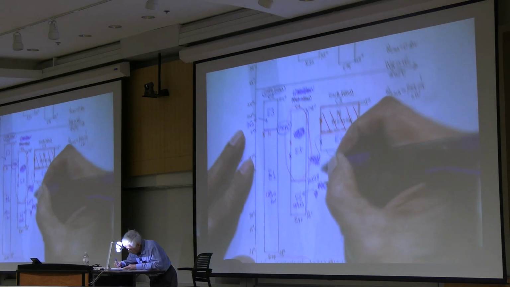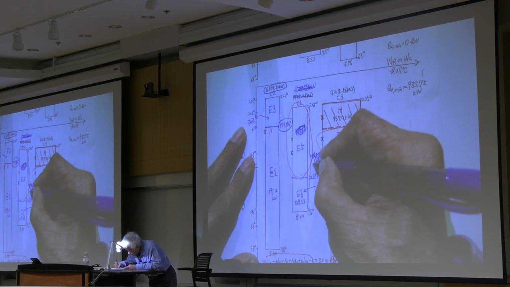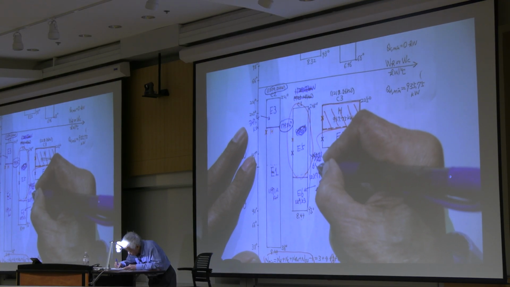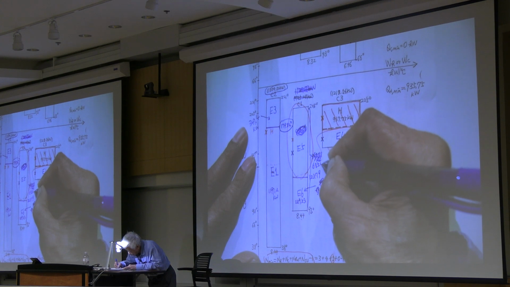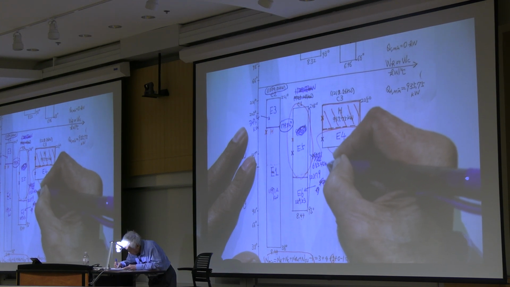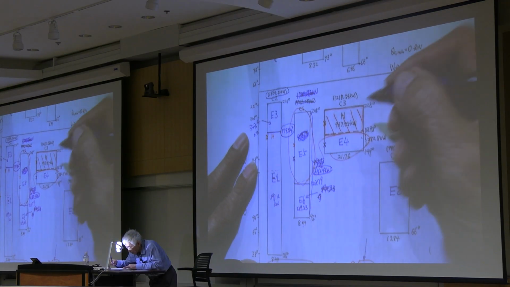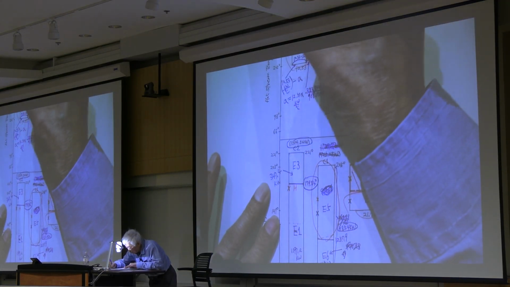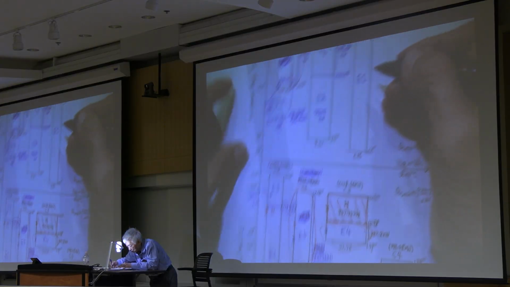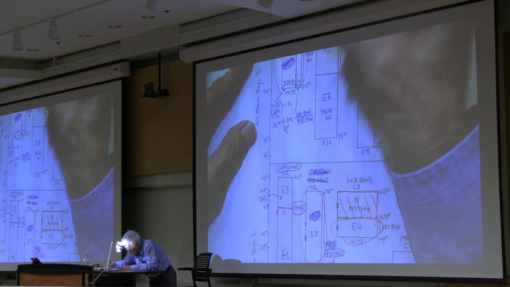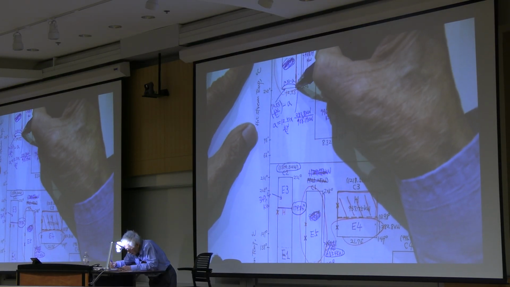What's the number? 685.4. Yes. 685.4. How about E4 from E5 from the top? Or I do not know this yet.